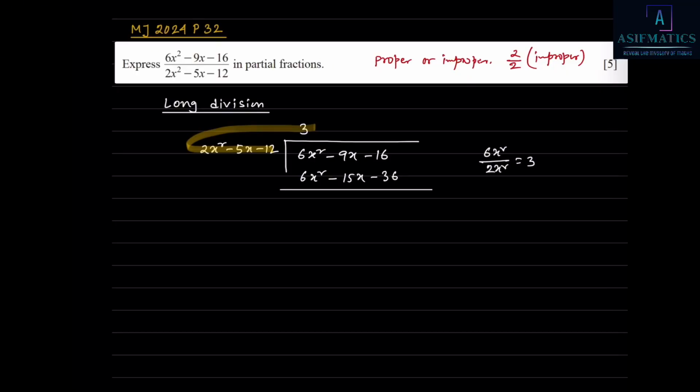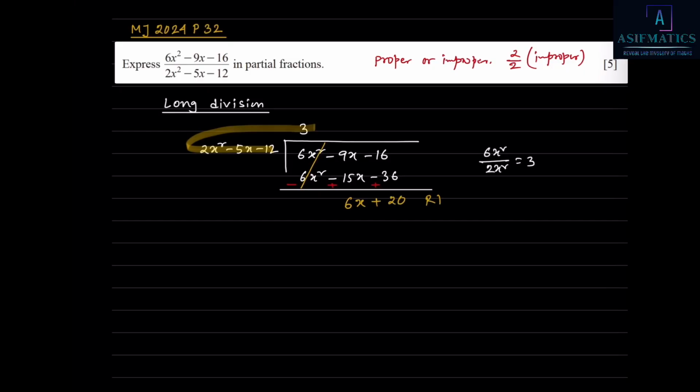Now you need to change the sign: minus, plus, plus. Then 6x square and 6x square cancel out. We have 15x minus 9x is plus 6x, and 36 minus 16 is plus 20. So that is your remainder.